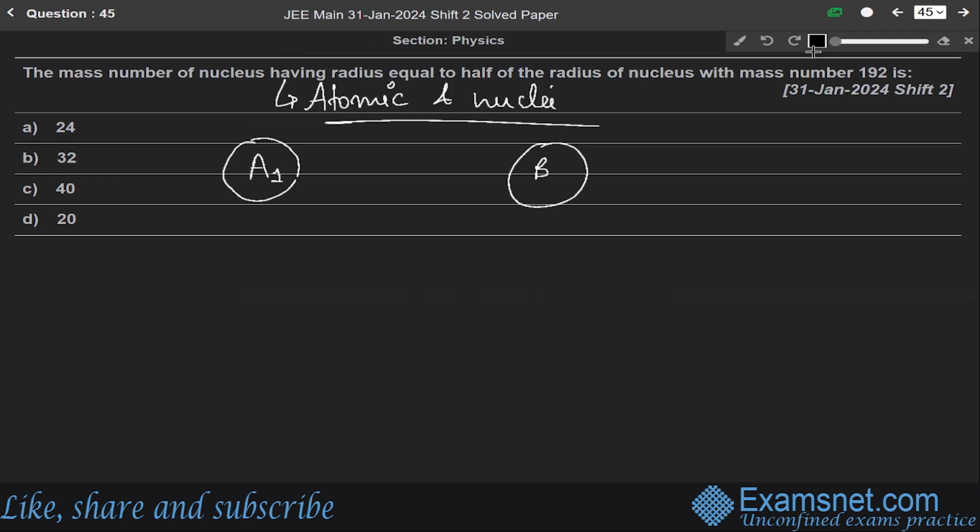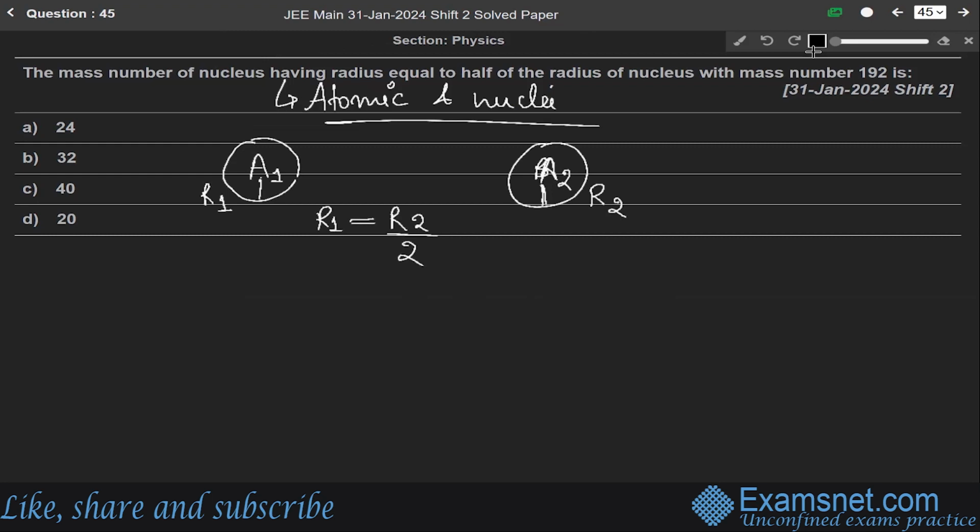Let us say A1 and A2. And let us say R1 is the radius of the nucleus having mass number A1 and R2 is the radius of the nucleus having mass number A2. According to the question, R1 is equal to R2 by 2.